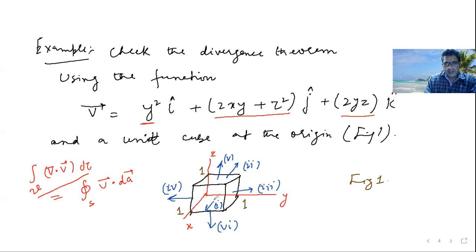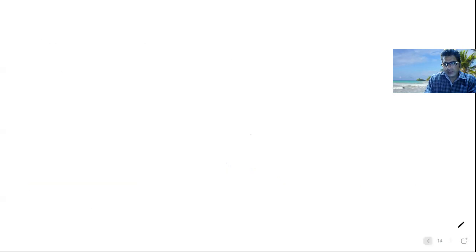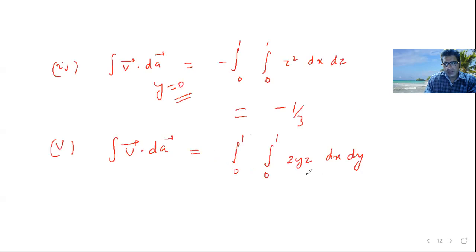It is parallel to the xy plane, so its area element will be dx dy. It is pointing upward. Upward is positive z direction, so I have to dot it with 2yz, and it is located at z is equal to 1. So there will be only 2y in the integral.